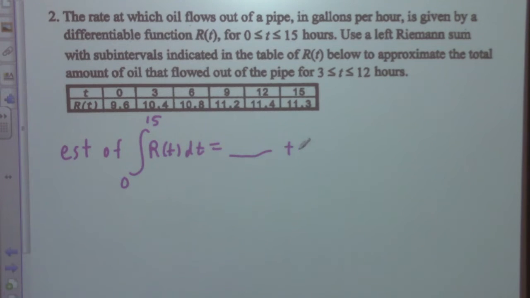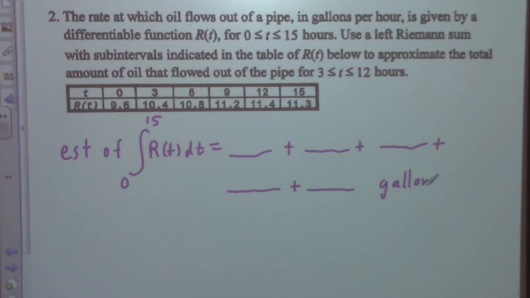Boom, boom, boom, and I'm going to put down here, boom, boom, all these. And what are the units going to be? Gallons per hour. So it'll be gallons.